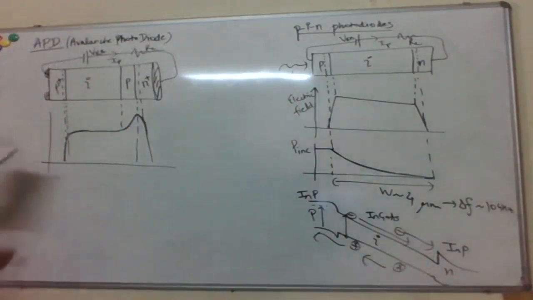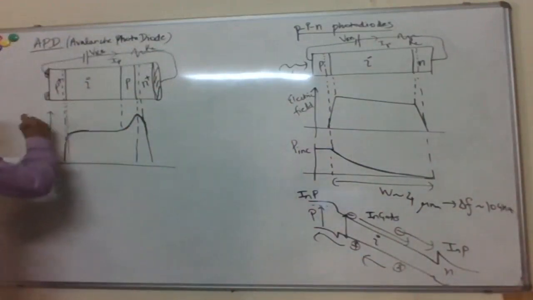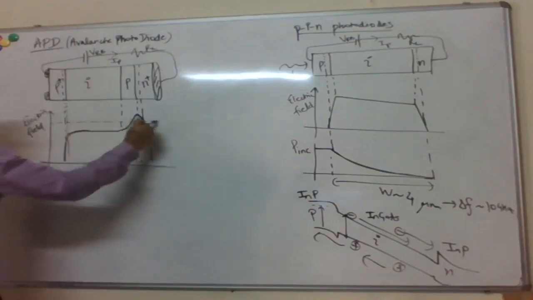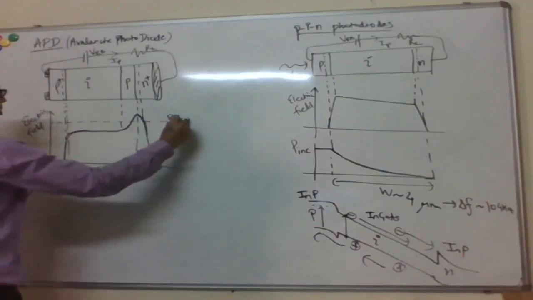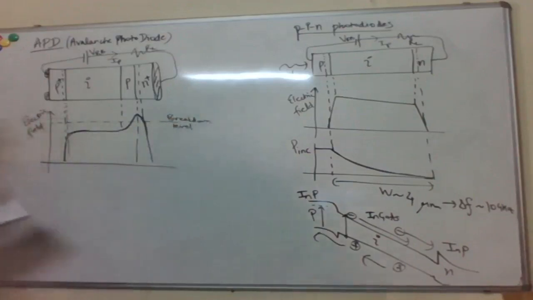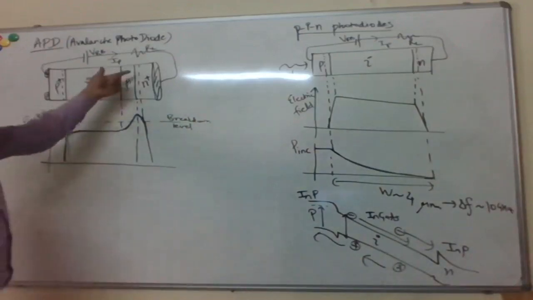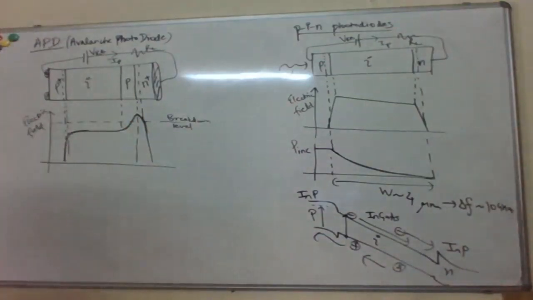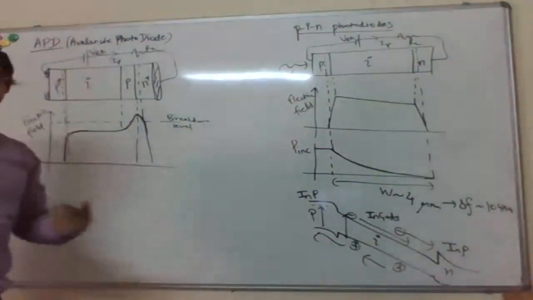And now if you design such that this electric field exceeds what is known as the breakdown field. Okay, so there is some level which is known as the breakdown field. So if the electric field in the material exceeds that value, then what you start getting is this avalanche multiplication.